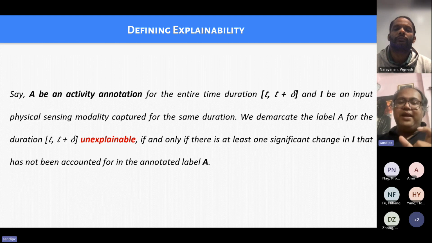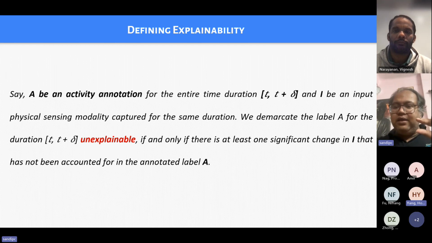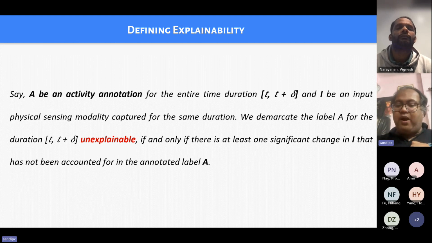We demarcate the label A for the duration t to t plus delta as unexplainable if and only if there is at least one significant change in I that has not been accounted for in the annotated label A. That means if your physical sensing data corresponds to a single label, that entire data should show a similar kind of pattern. But if there is a significant change in the pattern while the entire thing is labeled by a single label, that means there is an explainability problem.